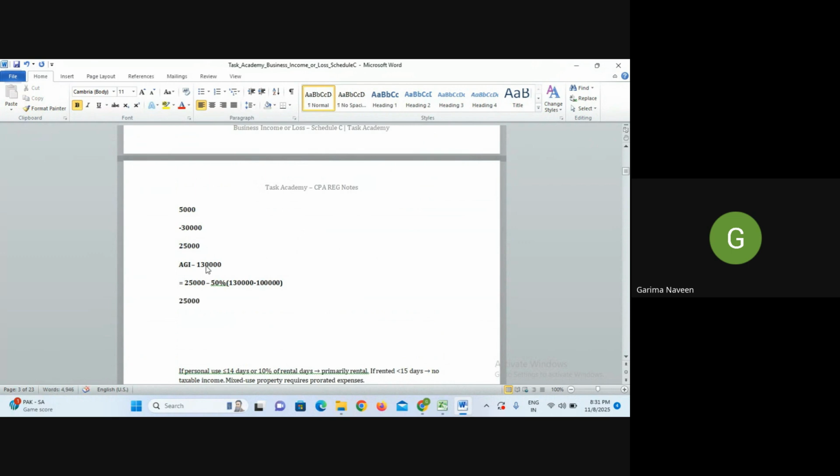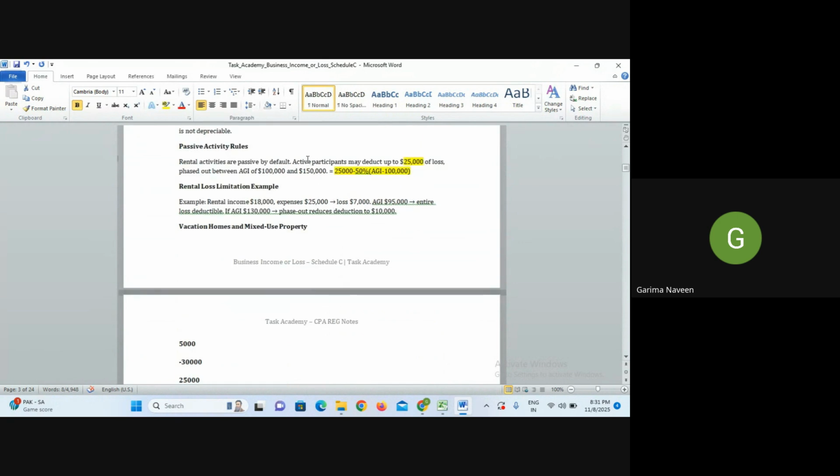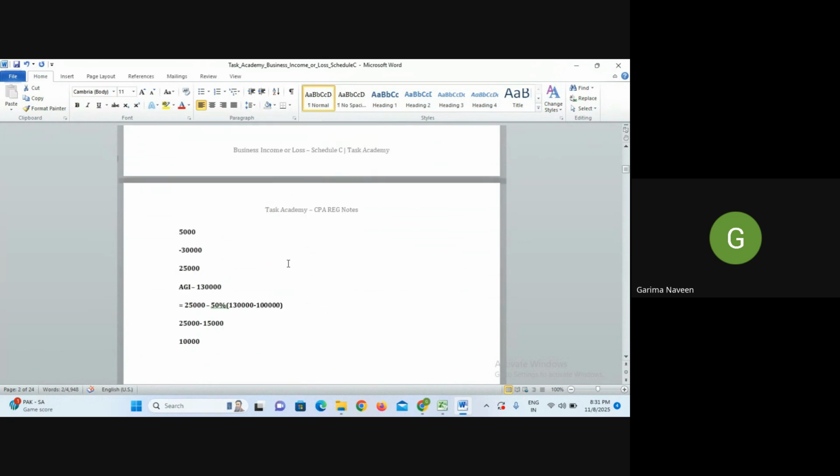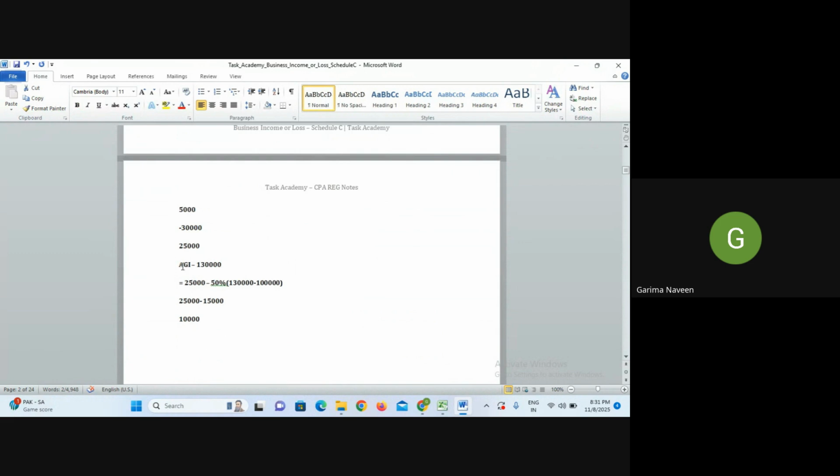It will give you $30,000. 50% of $30,000 is $15,000. So it will give you $10,000. Means if your AGI is above $100,000, then you have a certain phase out from your deduction limit. That means now you can only deduct up to the amount of $10,000 from your other sources of income.